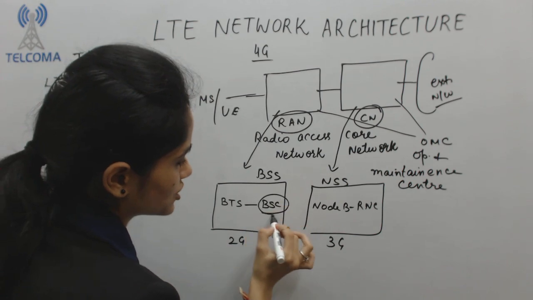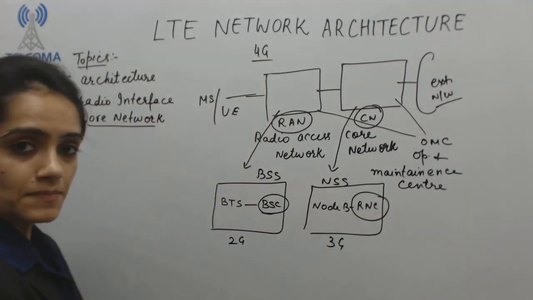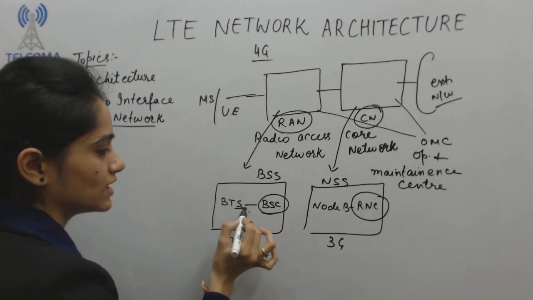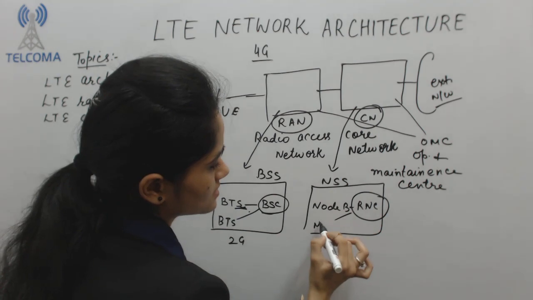This is the base station controller and this is the radio network controller. That means, who is controlling these BTS, the number of BTS or the number of Node Bs?